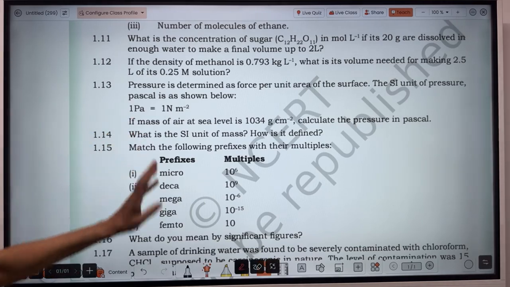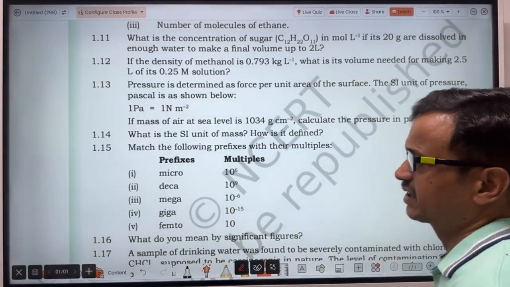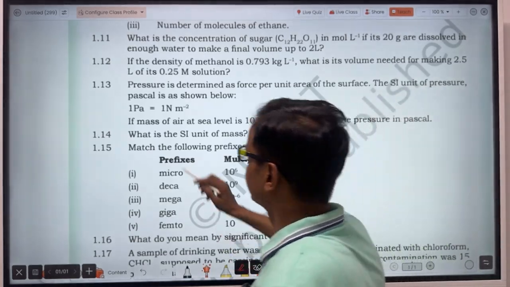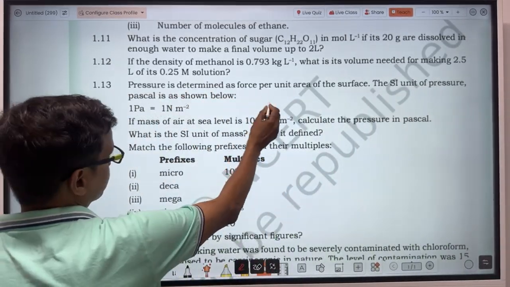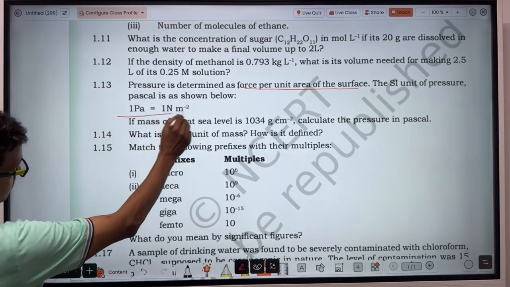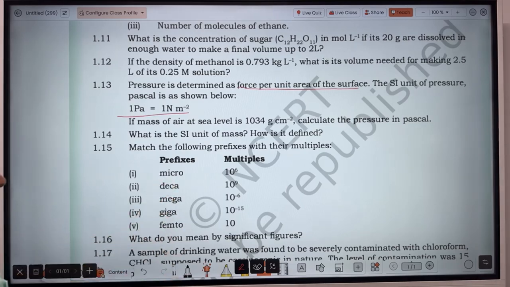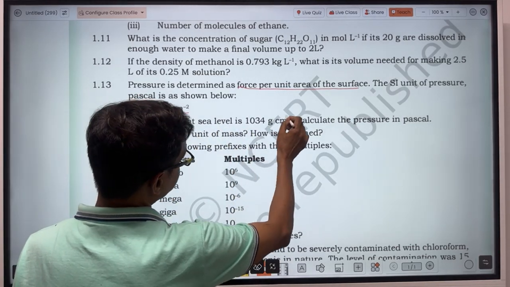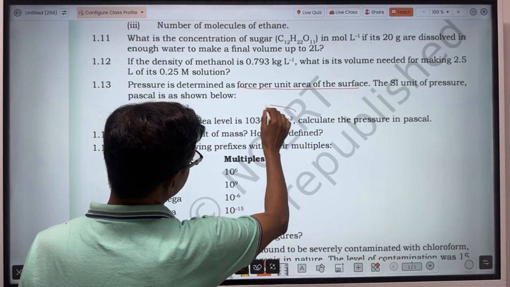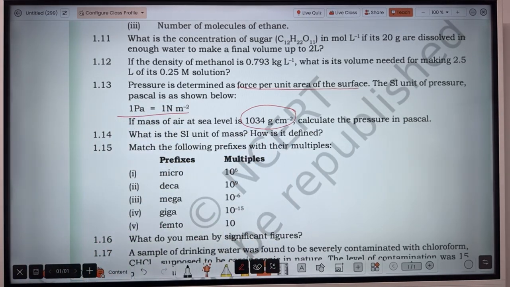Next question is related to physics. You can solve it very easily, I think, but I shall hint you. Pressure is given, you will have to find out. Force per unit area you already know, so the SI unit is Pascal, that you also know. The mass of air at sea level is given in gram per centimeter square.